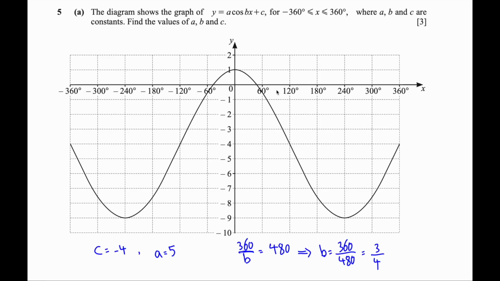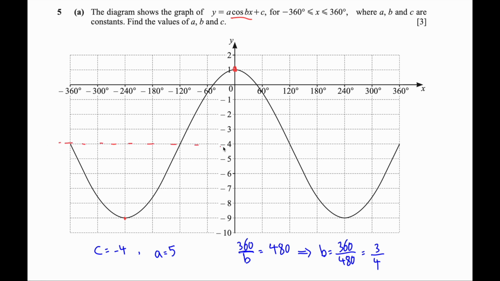I'm given the diagram of this cosine curve, and I have to find the value of the constants A, B, and C by investigating this graph. The first two things that you can recognize just by looking at this curve are the amplitude and the principal axis.